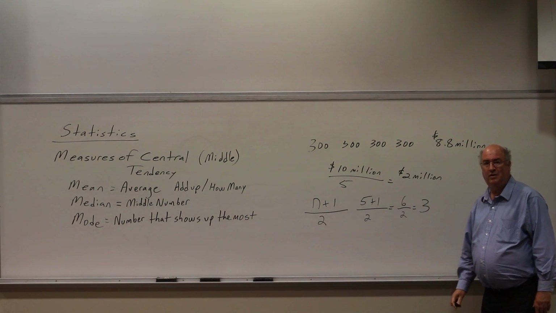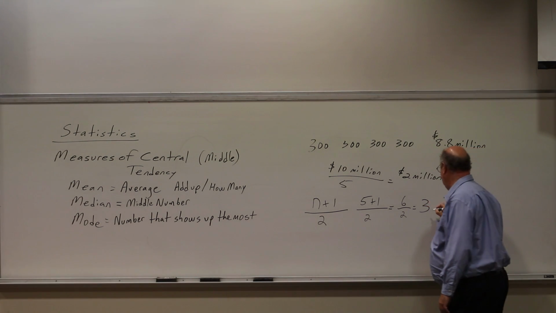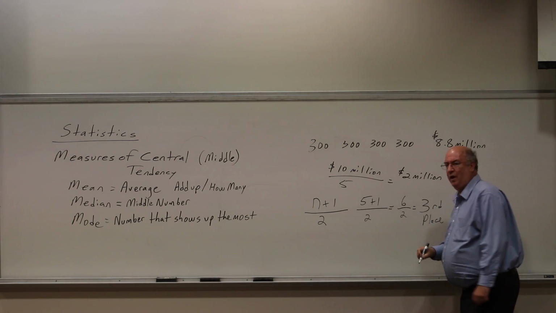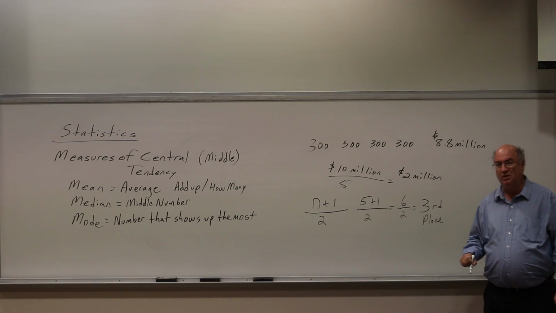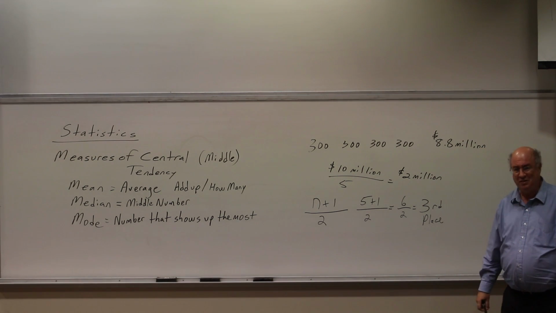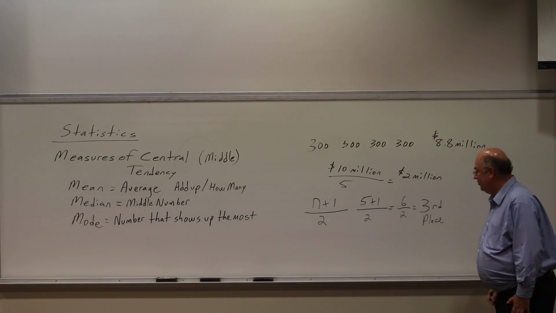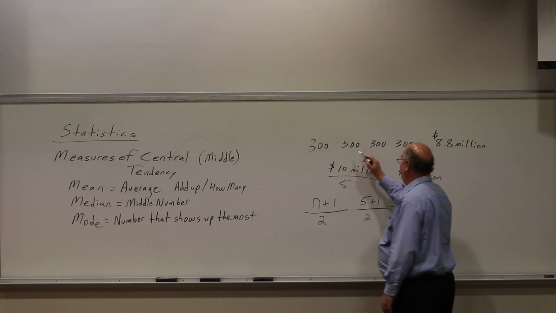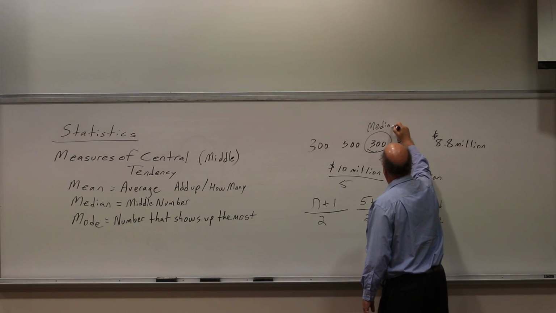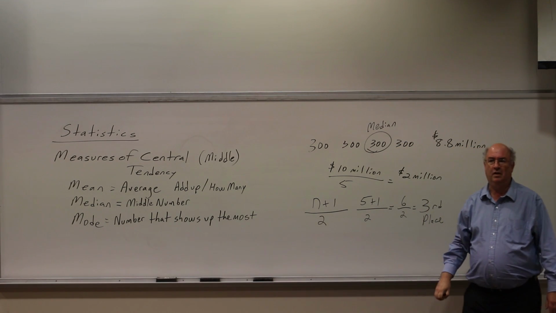3 is the median. This stands for the place, so it's in 3rd place. Maybe it's not great in sports to be in 3rd place, but for the median it is. The house that's in 3rd place, 1, 2, 3, that's the median.